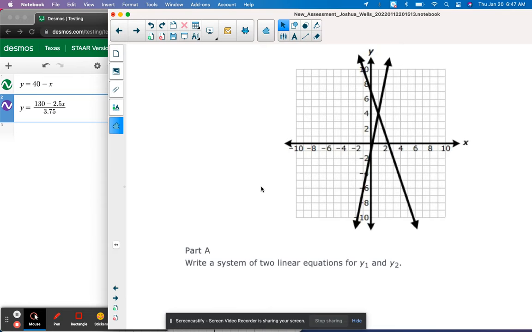So let's look at, we'll make this line y1 and this line y2. So let's look at y1 first, and I'm going to find 2 points on this graph.